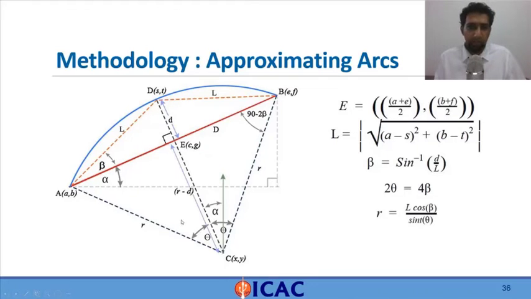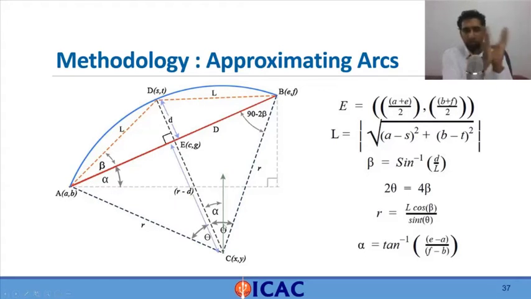And of course, AEC is a rectangle, so r sin theta equals L cos beta. That gives you r. Remember that this triangle is an isosceles triangle, so that's also very important. Now alpha, the rotation of the arc, is given by tan inverse of this amount. I'm not going into detail once again. This looks a bit overwhelming, but if you refer to the paper, it is actually very simple. It's a 2D geometric problem.